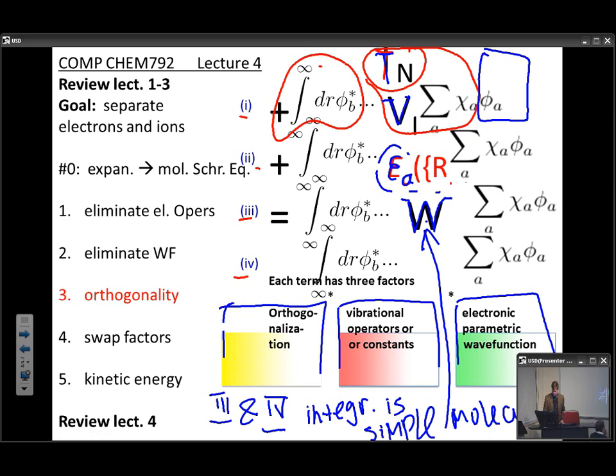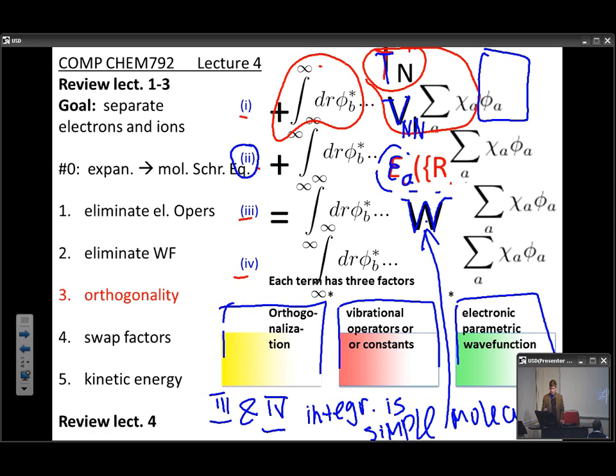For term number 2, we do have an operator of ions interacting with each other. But this operator has a diagonal form, and it depends only on the position of ions, so it does not perturb.